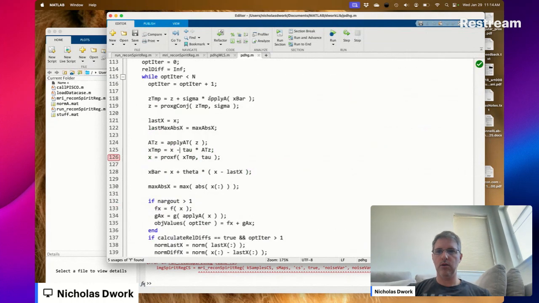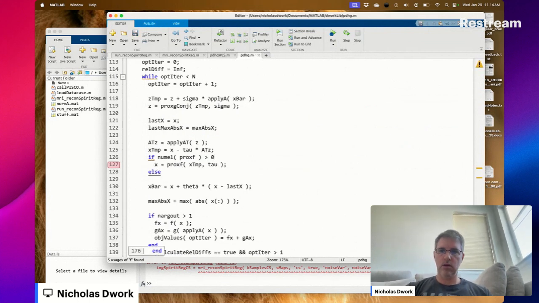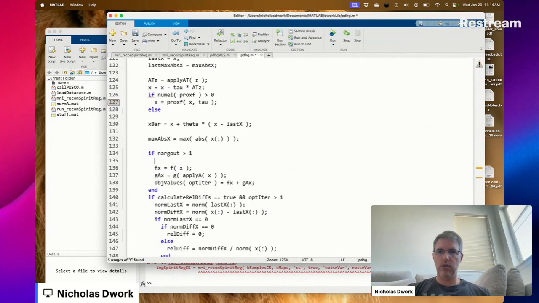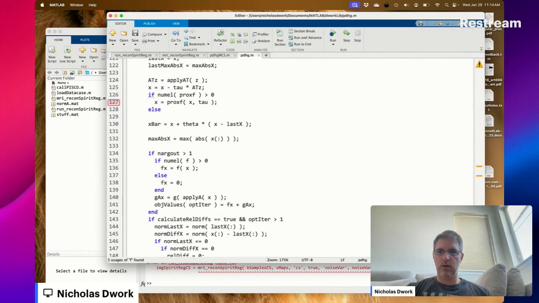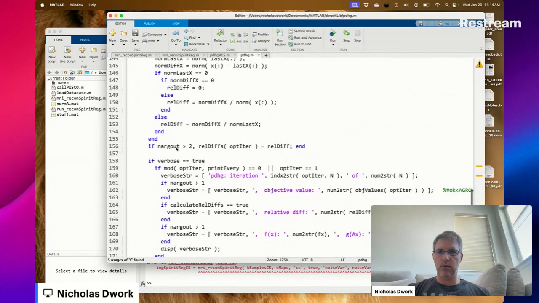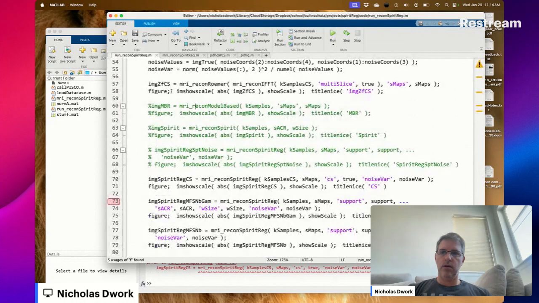Oh. Okay. Oh. Another bug, found and fixed.